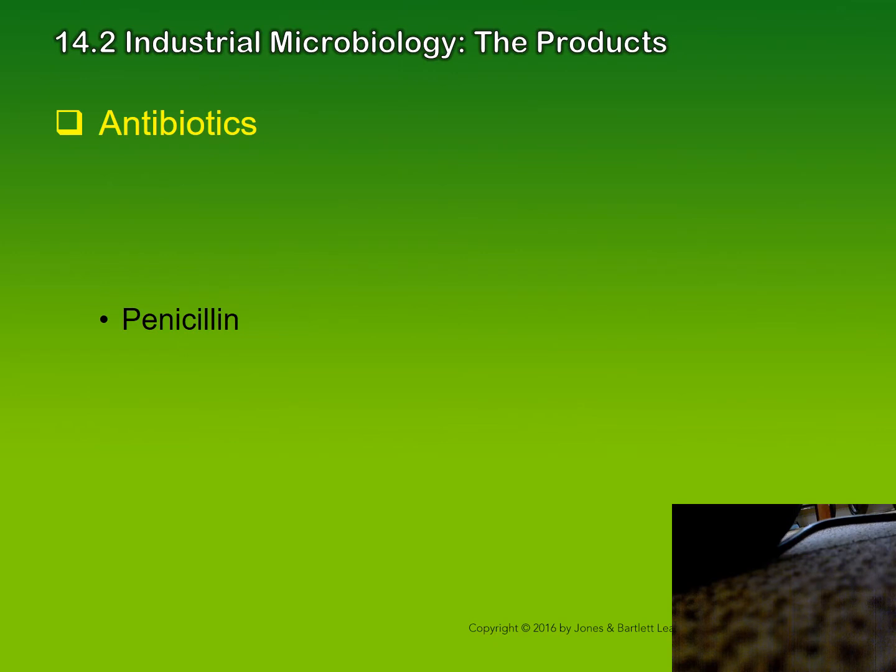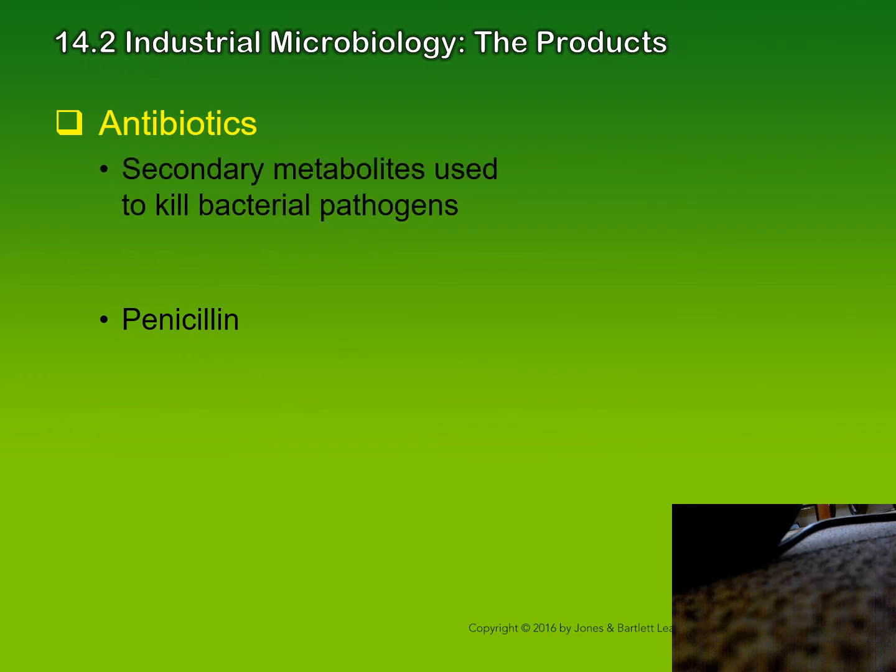One of the major things that we're going to be making is antibiotics, and penicillin is one of those antibiotics. These would be secondary metabolites. The molds that are making these don't need the antibiotics to survive, but they're able to kill pathogens, and that's again a secondary metabolite that just happens to be made by that mold.